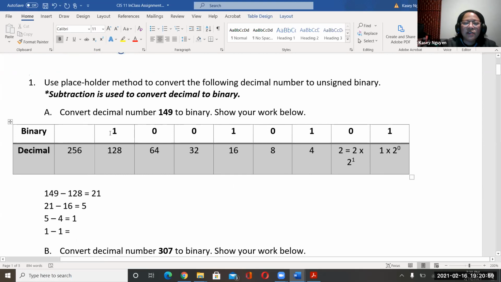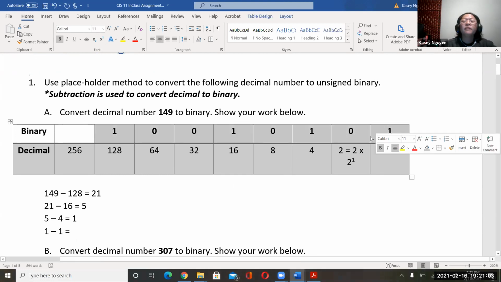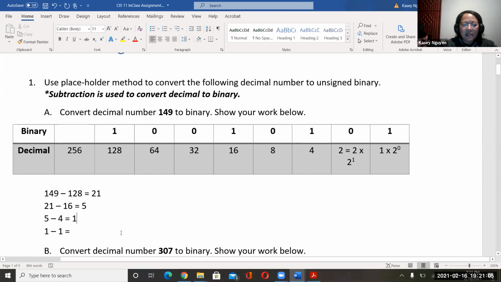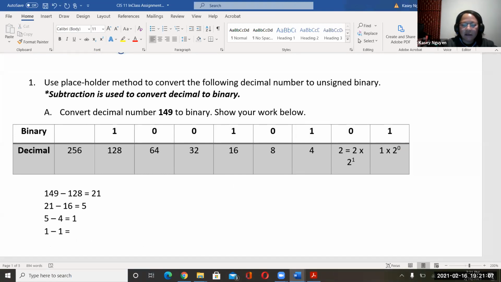So this is our binary value for 149 in decimal. Our answer for 149 in base 10 is 1 0 0 1 0 1 0 1.